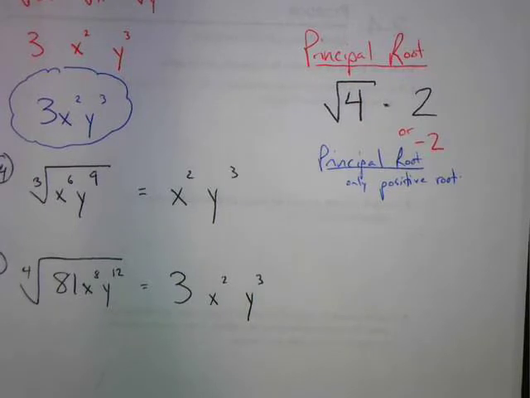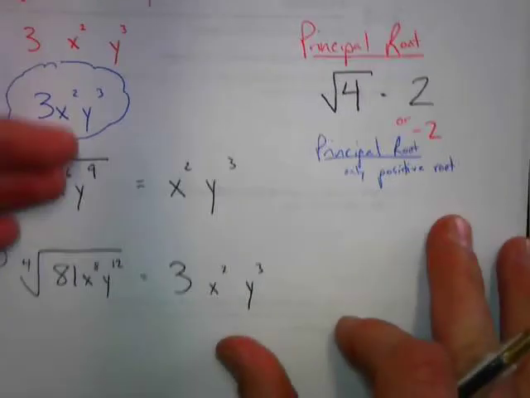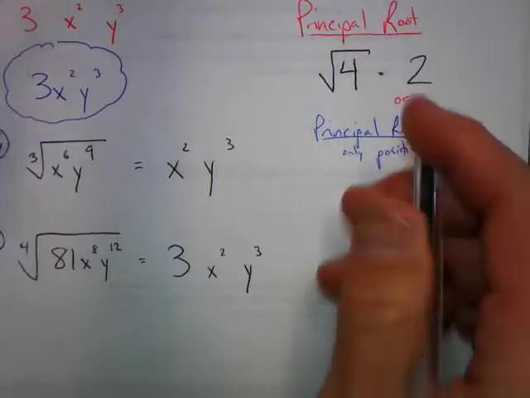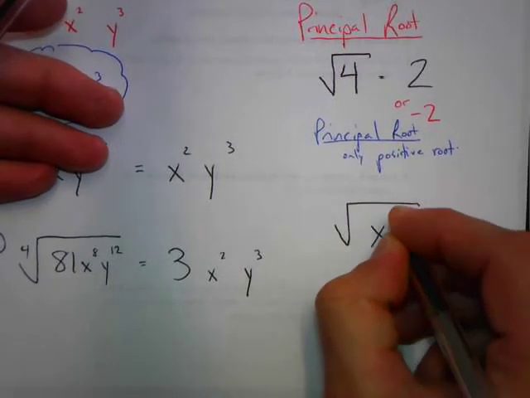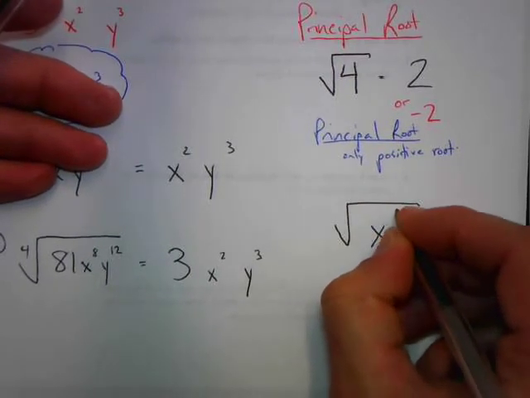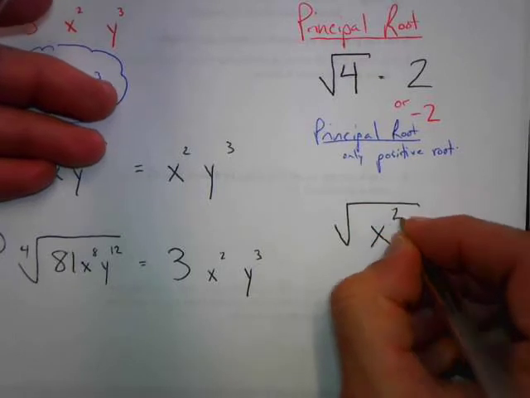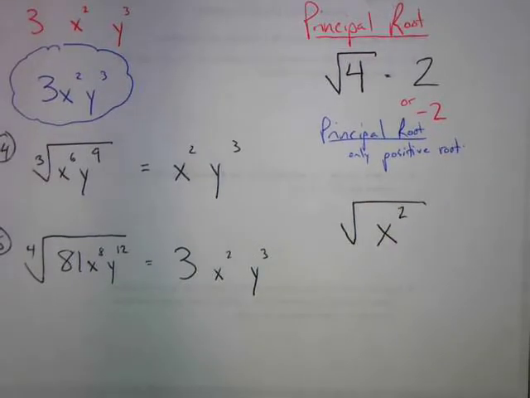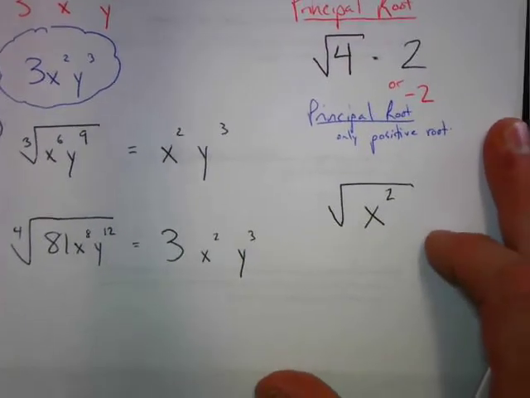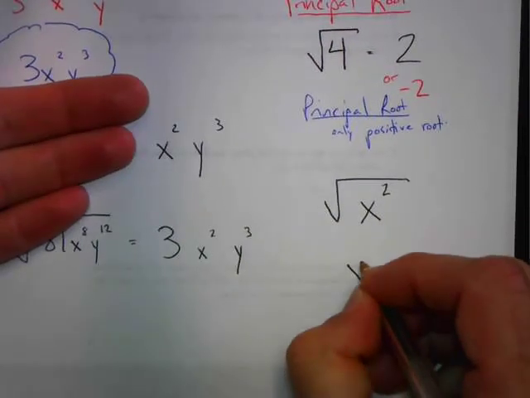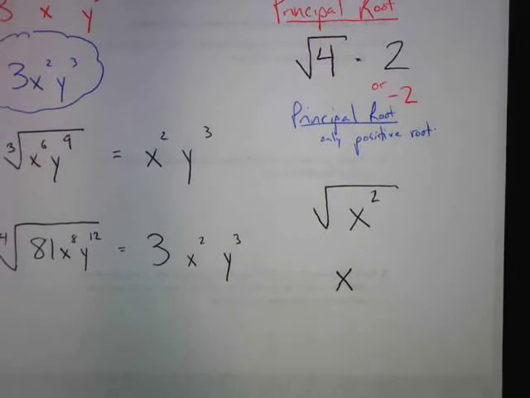Now, here's what's interesting. What is the square root of x squared? The square root of x squared is, of course, x. But then we're only dealing with the principal root.